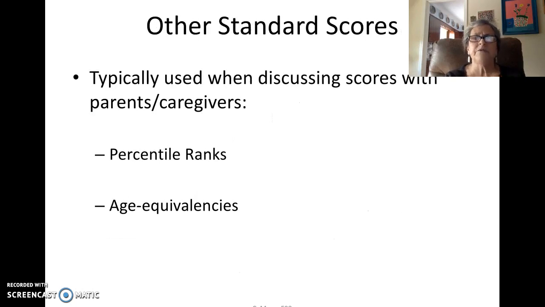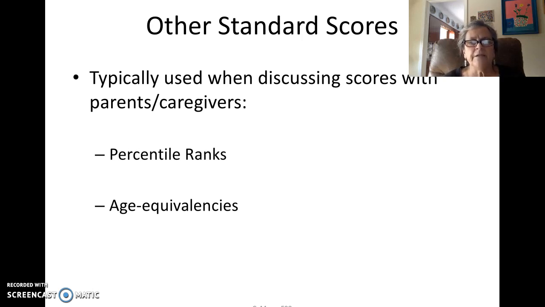So some other standard scores that are used are percentile ranks and age equivalencies. Percentile ranks can be a little confusing to parents because they associate them with grades. For example, if you told a parent that their child scored in the 50th percentile, in their mind they might be thinking that my child got a D or an F actually.